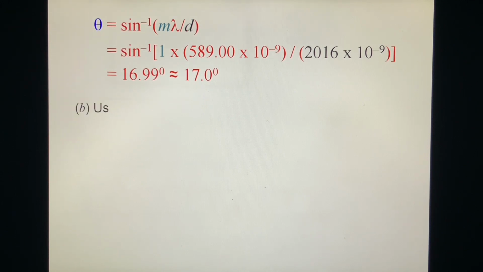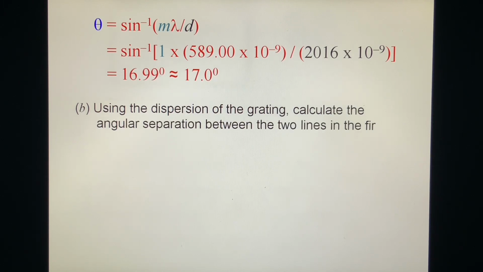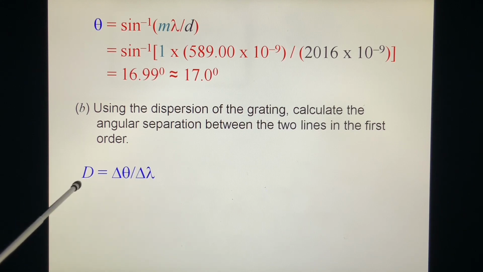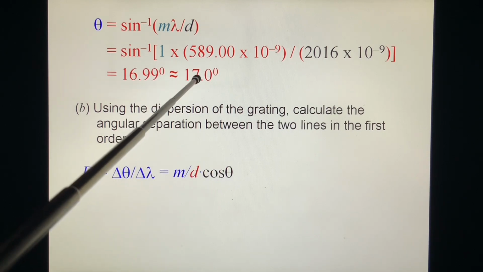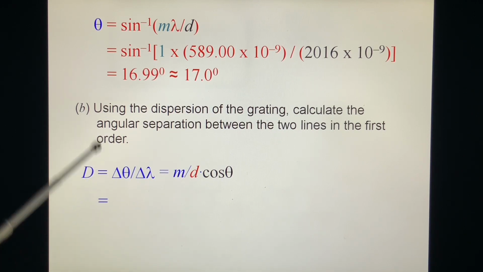Question B: using the dispersion of the grating, calculate the angular separation between the two lines in the first order. This is the definition of dispersion, and we know that it is calculated as m over d cosine theta. We have d, we have theta, and m is 1, the first order.